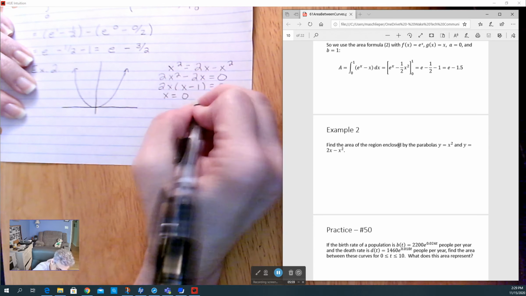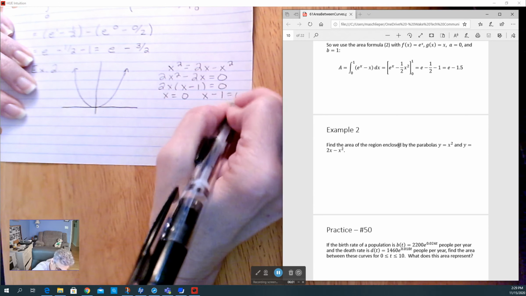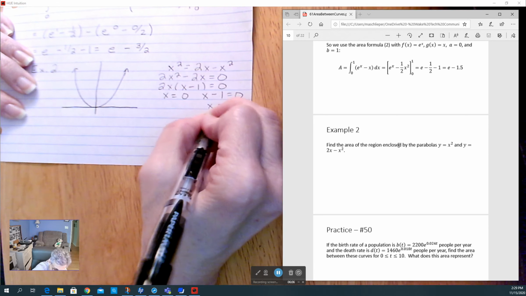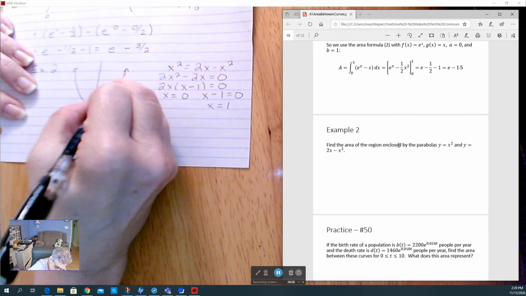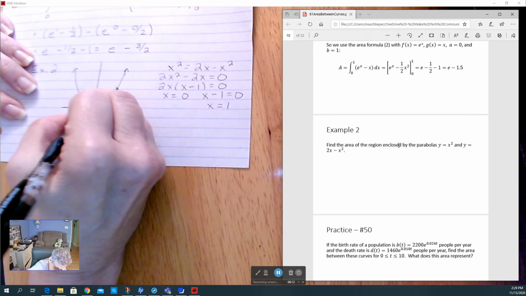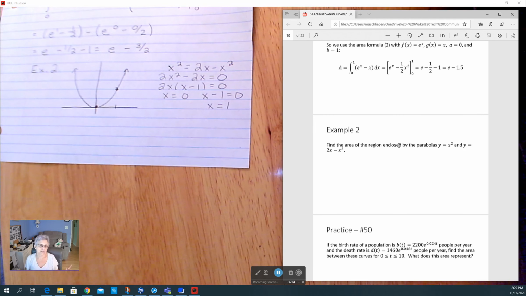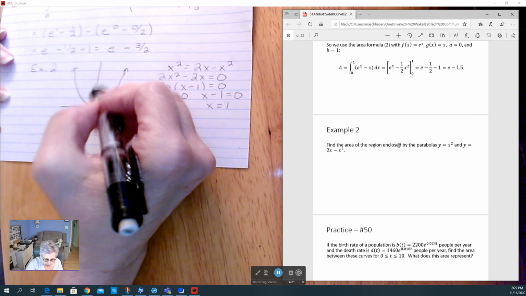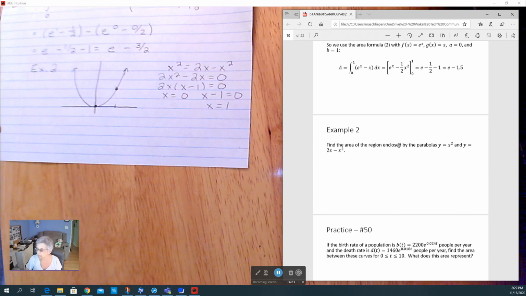So x is equal to 0, or x is equal to 1. So I know that, we'll call this 1, 0. I know it crosses at those two places. Now, I don't know anything else about it. Maybe this is the vertex, maybe the vertex lives between there somewhere.